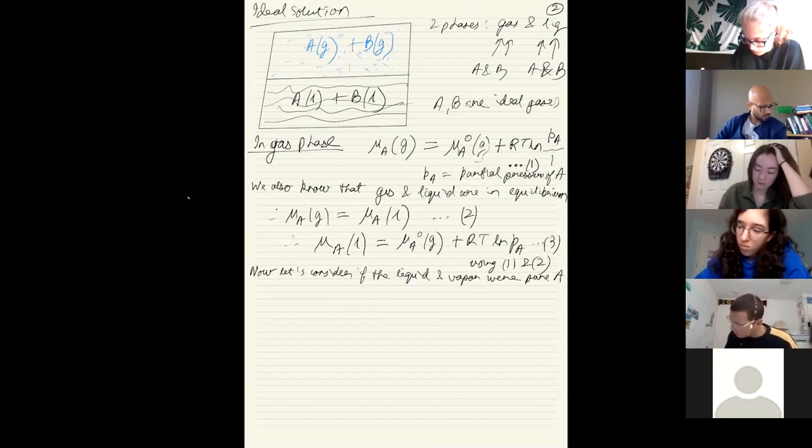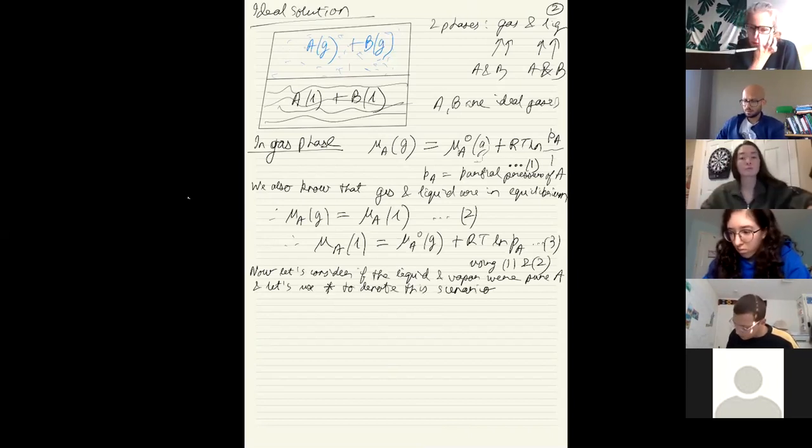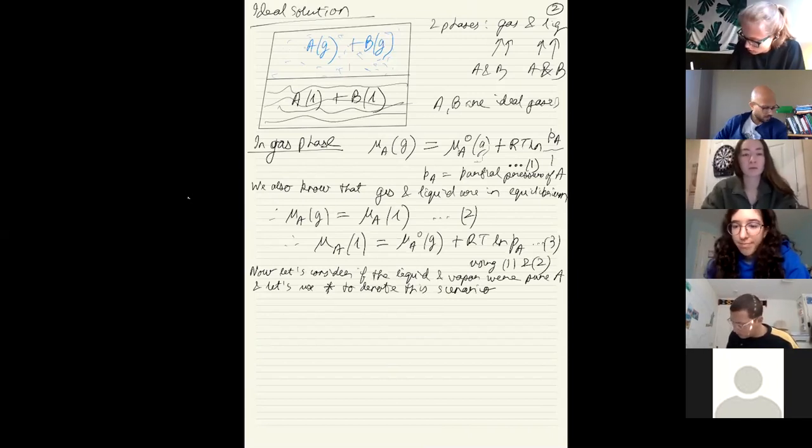We just start with pure A. And let's use a star or an asterisk to denote this scenario. Following Atkins convention here, it's a bit clumsy, but it's not too bad.